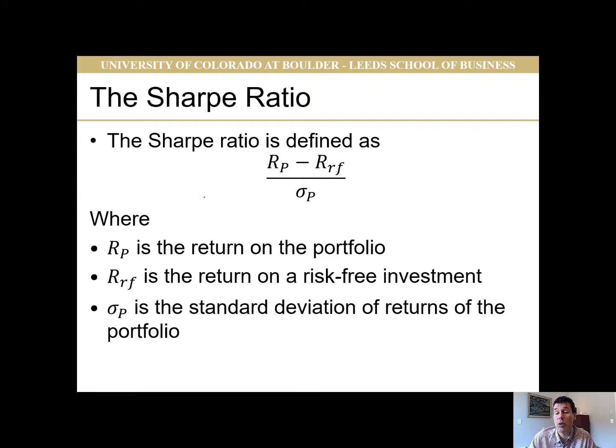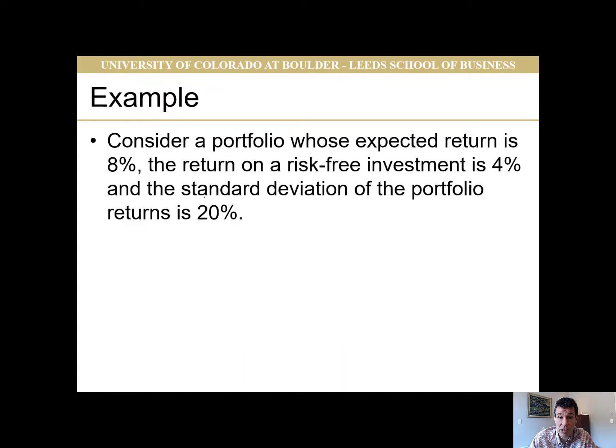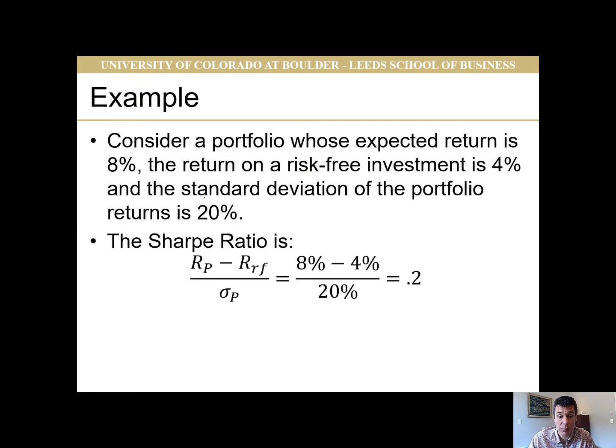What's going to happen? What do we expect to happen into the future? So let's look at a portfolio whose expected return is 8%, the return on a risk-free investment is 4%, and the standard deviation of the portfolio returns is 20%. So the Sharpe ratio is 8% minus 4% divided by 20%, or 0.2.